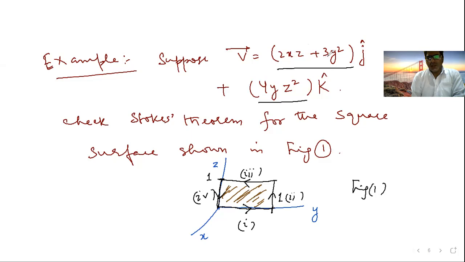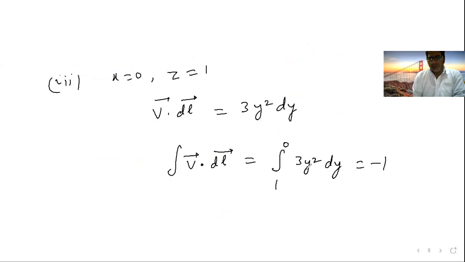Only 3y squared remains in the integral. And the y limits will be 1 to 0. So this is the expression, 1 to 0, 3y squared dy, with x equal to 0, z equal to 1. So you check it, it will be minus 1.